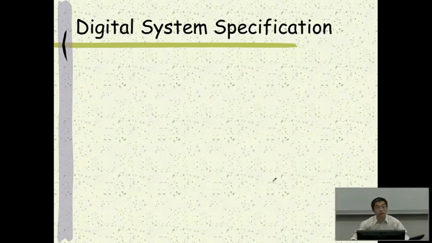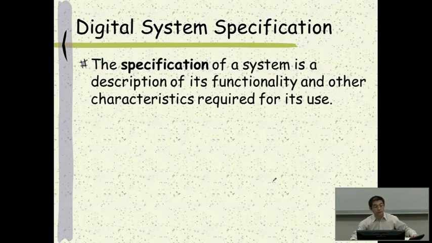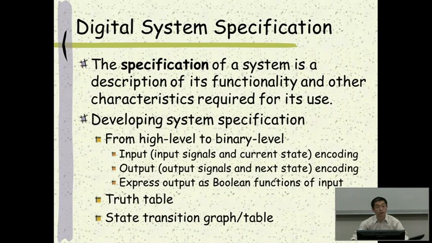So now we talk about how to specify a digital system. The specification of a system is a description of its functionality and other characteristics that are required for its use. When people specify digital systems, normally they go from high level to low level or binary level.